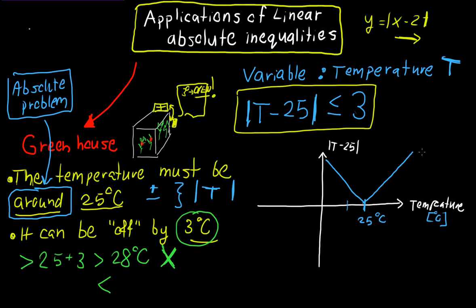This is our function, y equals the absolute value of T minus 25, and our condition for our computer is that the absolute value is smaller than or equal to 3.